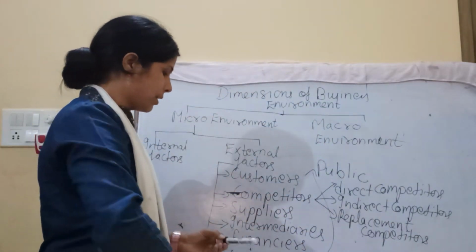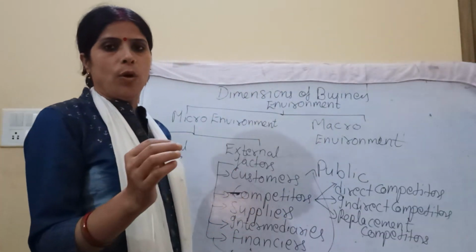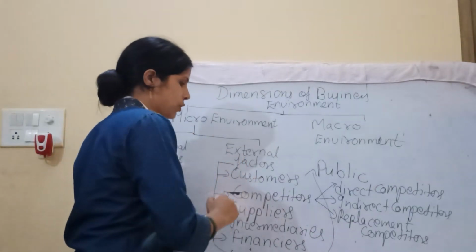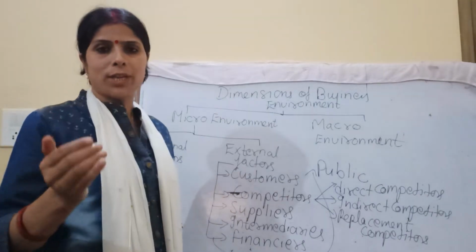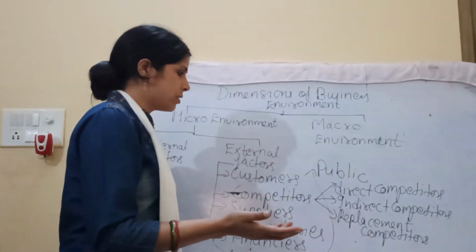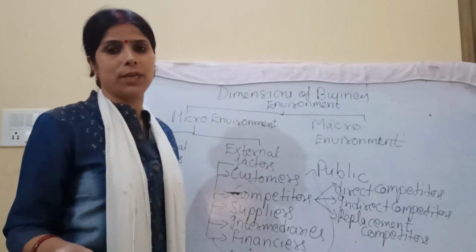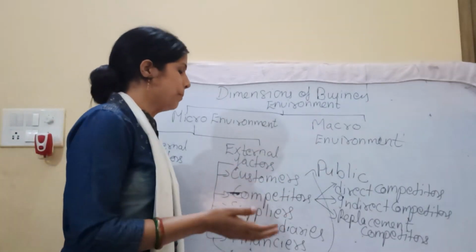Now let us understand about these. A separate question can also be asked under this topic of competitors in your board examination, like what are direct competitors, what are indirect competitors, and what are replacement competitors. So let us discuss all this in detail.